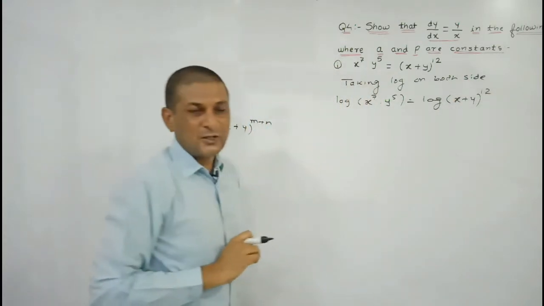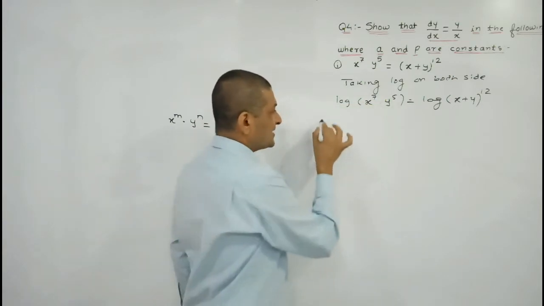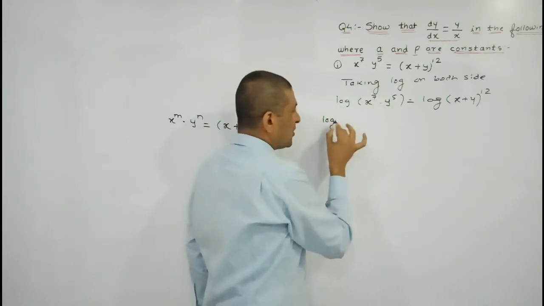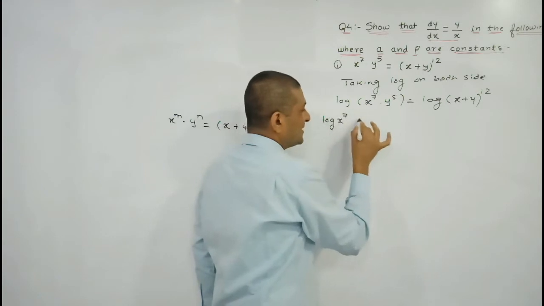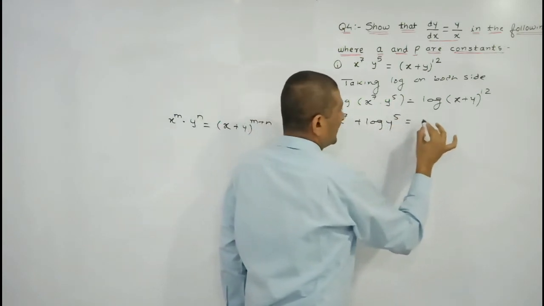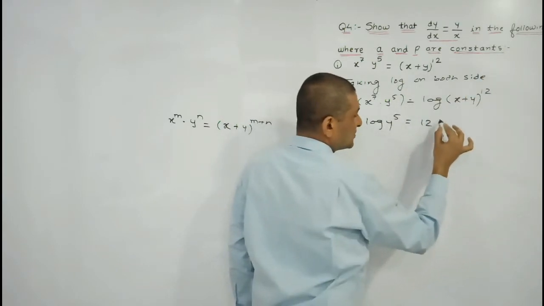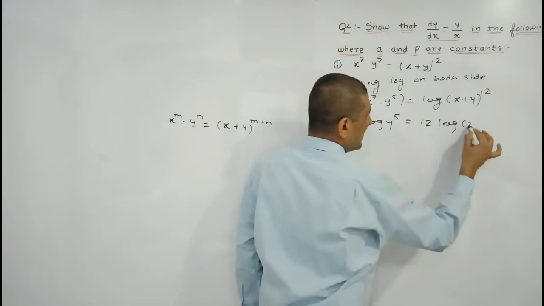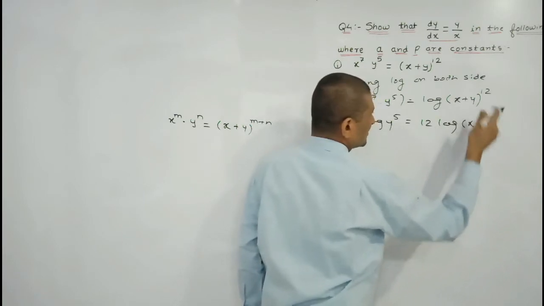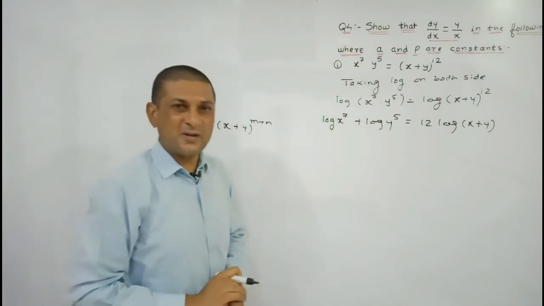Now we are applying laws of logarithm. We know that log a into b can be written as log a plus log b. So log x raised to power 7 plus log of y raised to power 5, and on this side applying laws of logarithm, power can be taken as a coefficient. So simply we have taken this power as a coefficient.